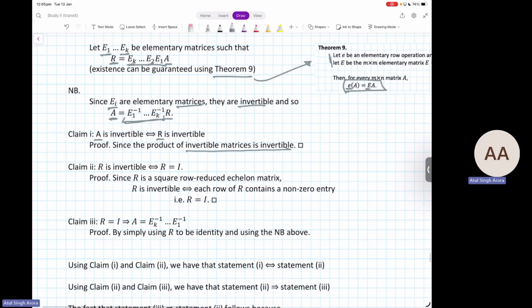Whatever you were using to argue is the inverse, you can use the other one to produce the inverse.